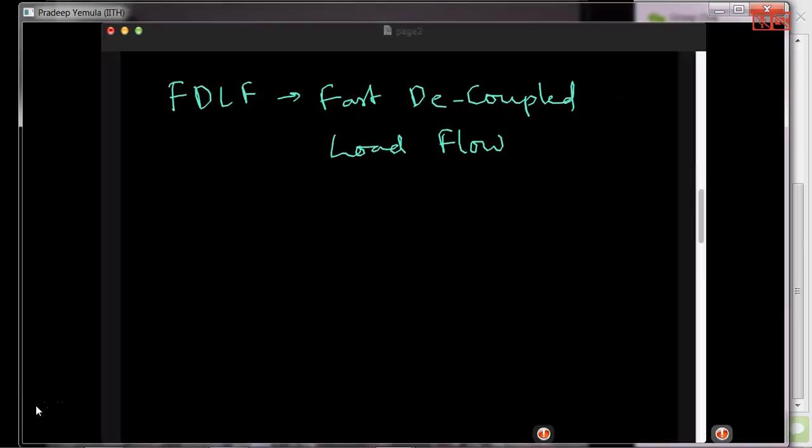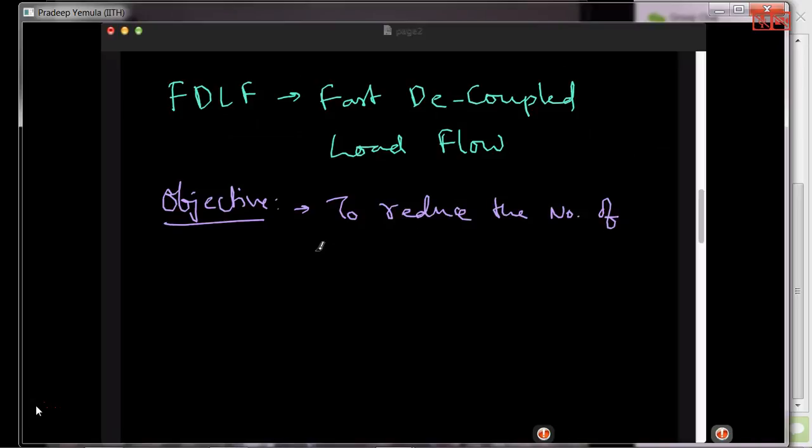The objective is to minimize or reduce the number of calculations by making some assumptions.